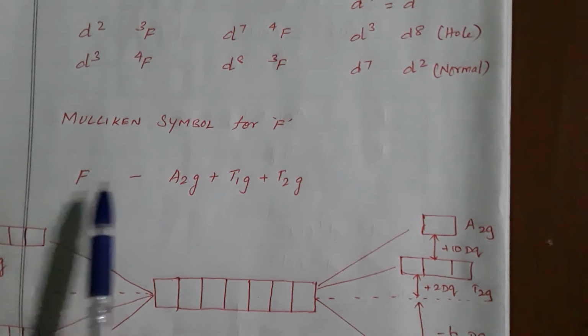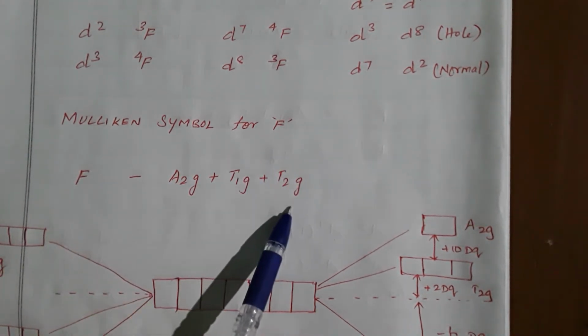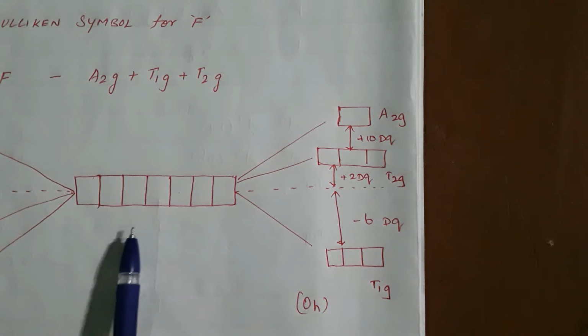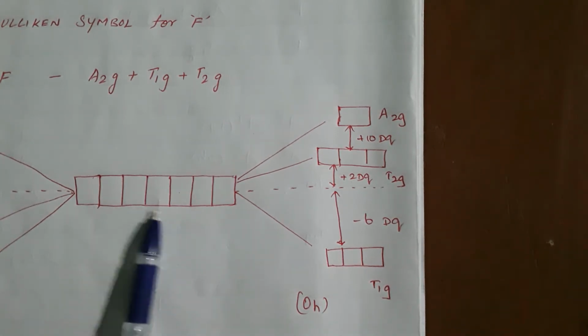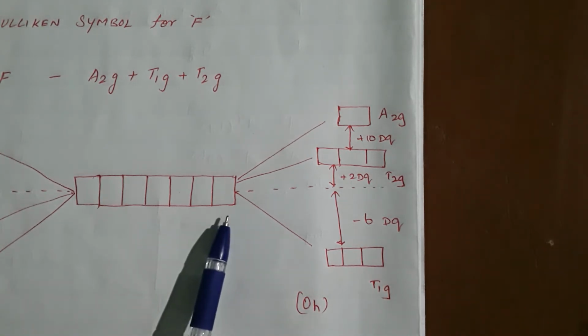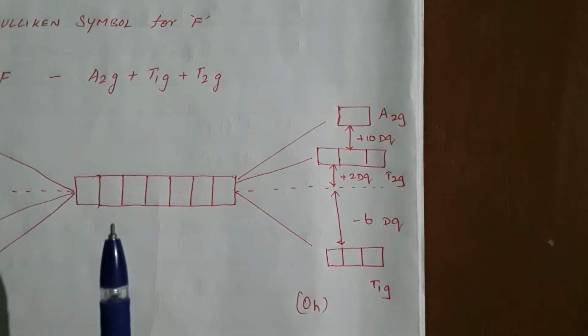See, the molecular symbols for the F term are A2g, T1g and T2g. This is from group theory. Now see the splitting: the F term contains seven orbitals, and it is split up into 3. That is why the molecular symbols are A2g, T1g and T2g.